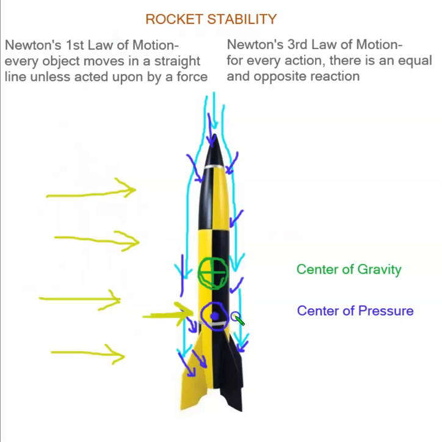That center of pressure is then going to rotate the rocket around the center of gravity, since that is the pivot point. In this case, a lateral wind pushing from left to right is going to cause the rocket to veer into the wind. So the interesting fact is that a rocket will always fly into the wind.